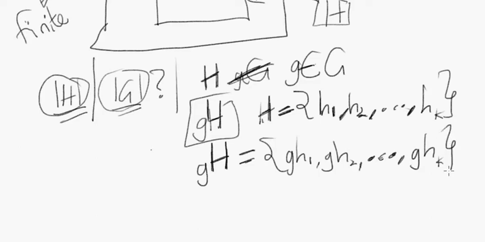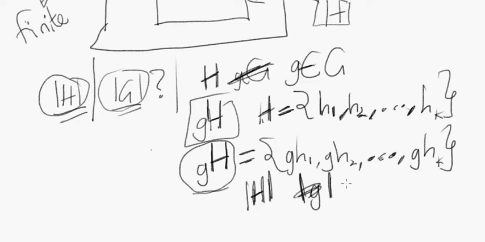So this is what GH is, and the idea was maybe if we study this left coset of H, maybe that will give us insights into the size of H compared with the size of big G. What's the ratio between the cardinalities?